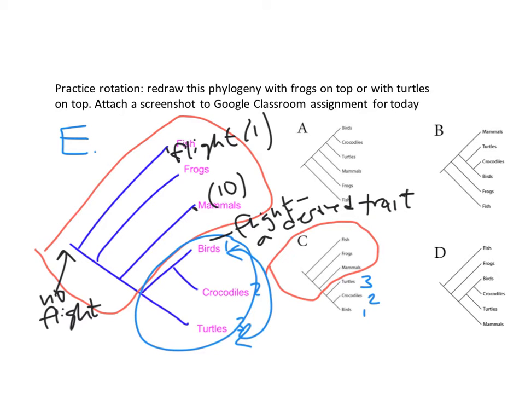Could you explain how the derived trait fits into this one more time? So that's parsimony. So derived trait. A derived trait is one that was not present in an ancestor. It's one that recently evolved, and usually one that's not shared by most of the organisms that are shown on the phylogeny.